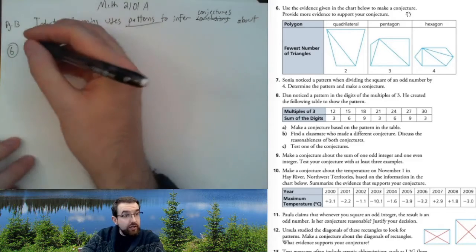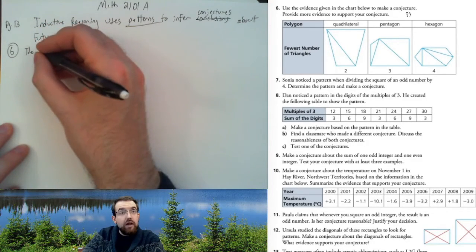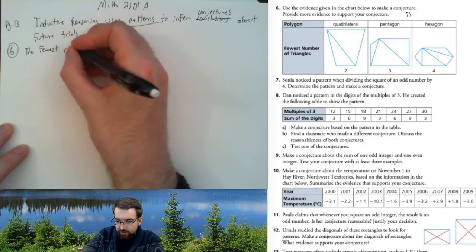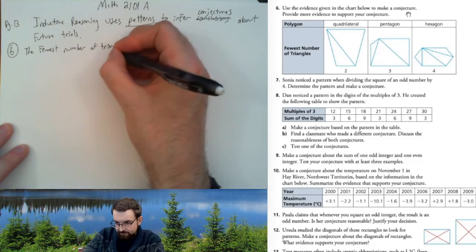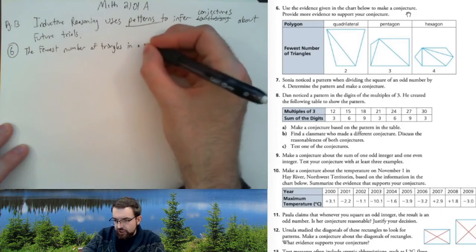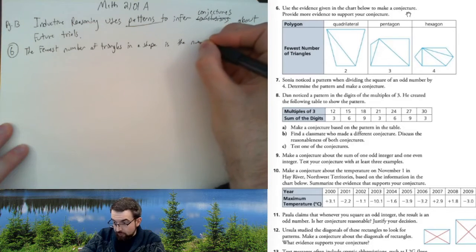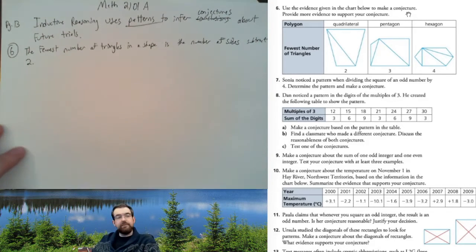A conjecture that I can draw about this is the fewest number of triangles in a shape is the number of sides subtract 2. Right?